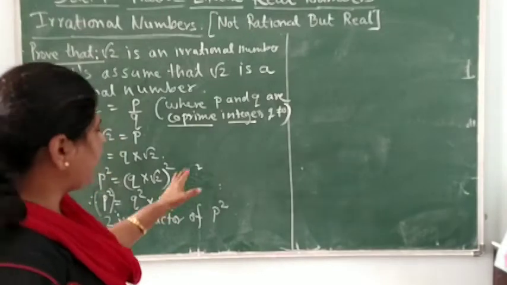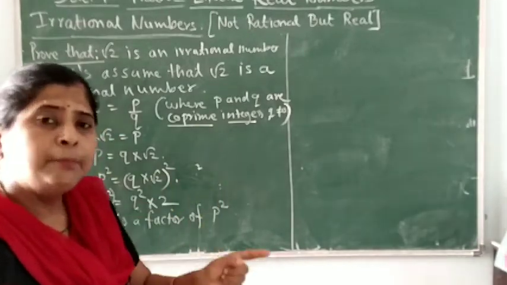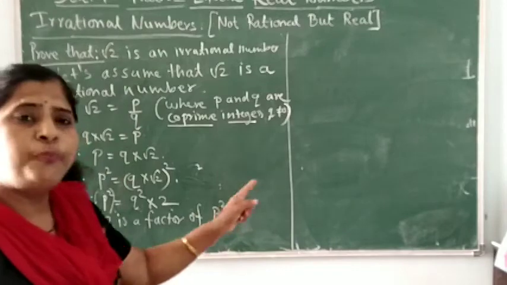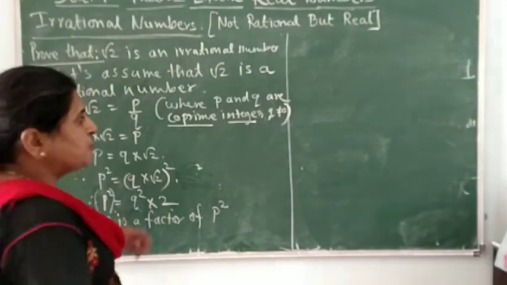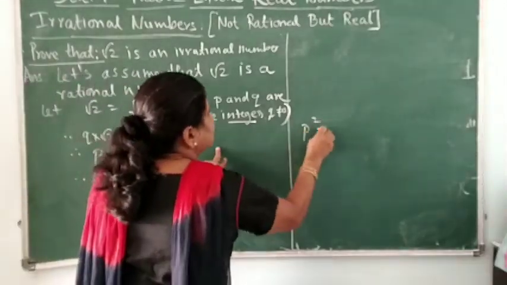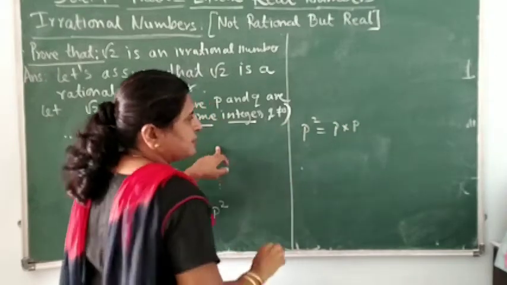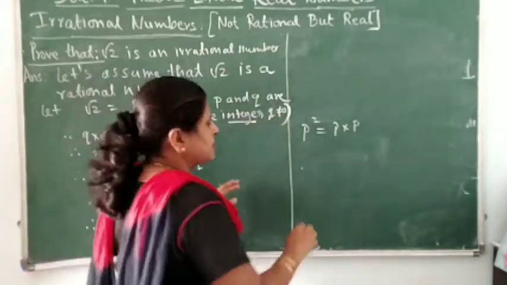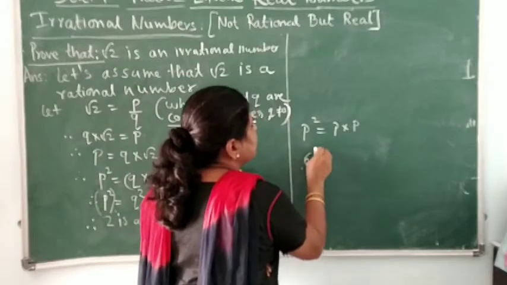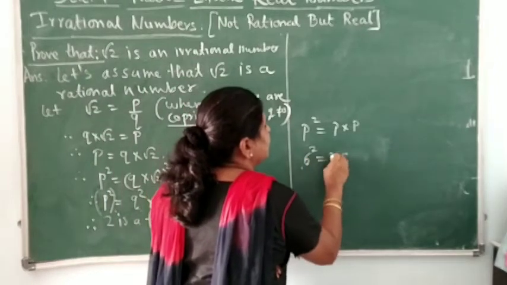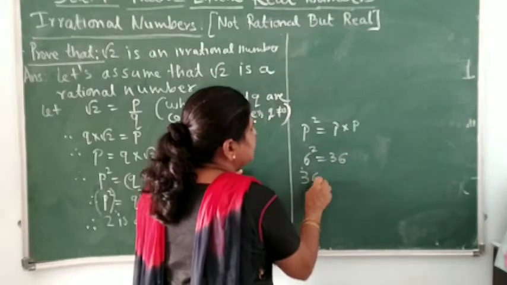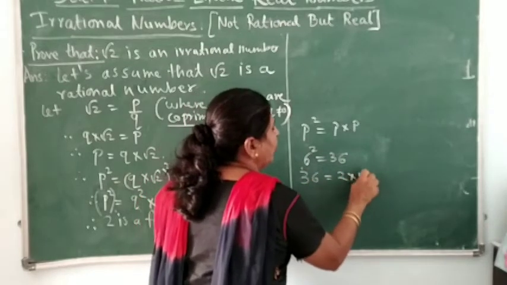Now if 2 is a factor of p square, 2 should be a factor of p also. Because what is p square? p square means p into p. Whenever we have a square, for example, if we are taking 6, what is 6 square? It is 36. Now 36 is written as 2 into 18s are.